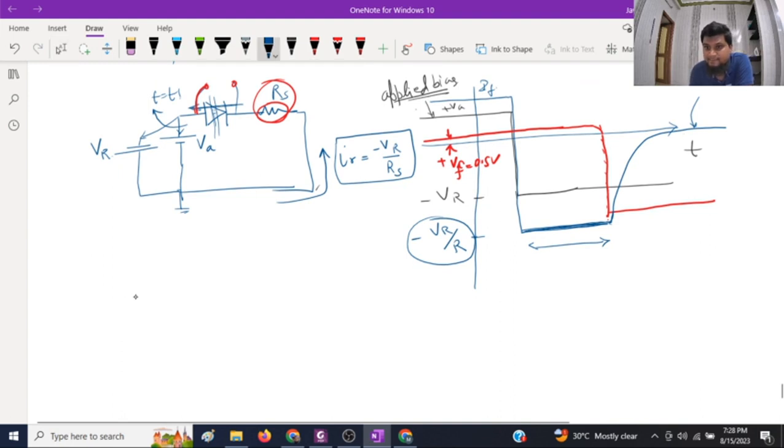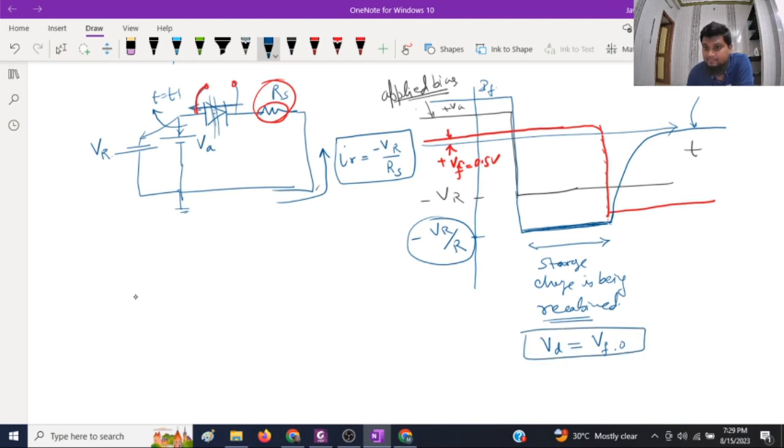So up to this time, the storage charge is being recombined, right? But still, the voltage across the diode is equal to VF. Okay, once it is done, then actually VD will be equal to 0 volts.